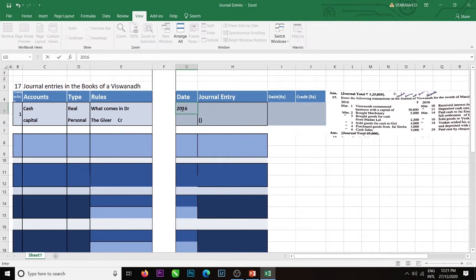So the date is 2016 March 1. Then the debit account is cash. To Vishwanath capital, or I can write capital.